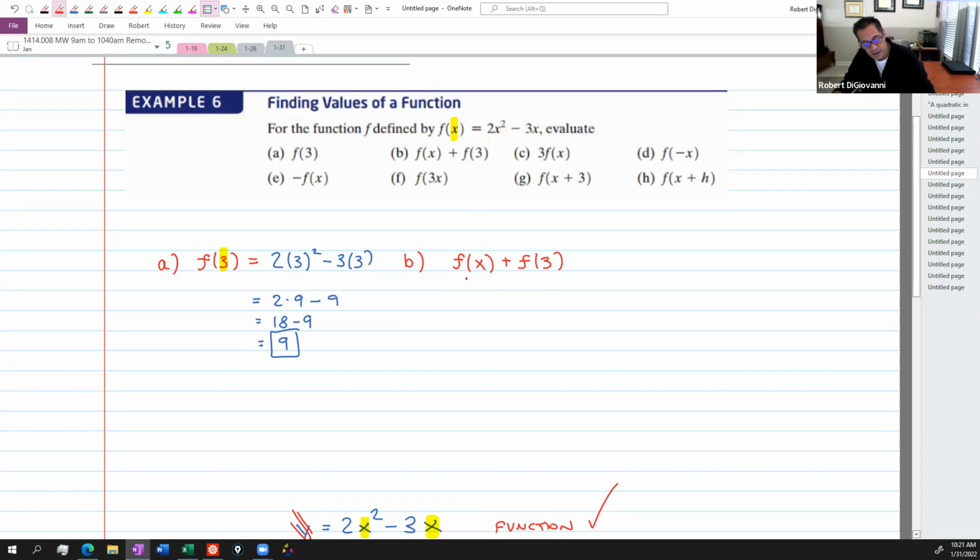So it's just 2x squared minus 3x. But then we want to add to that f of 3. We just saw in part A that f of 3 was 9, so we're just going to add 9. This is our new answer. This is what f of x plus f of 3 is: the original function with 9 added to it.